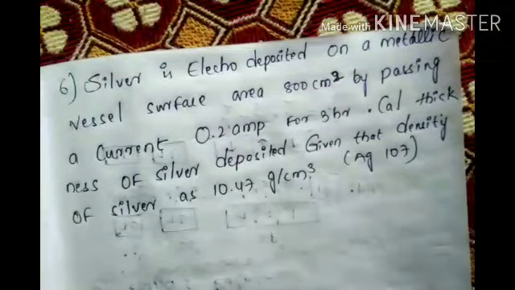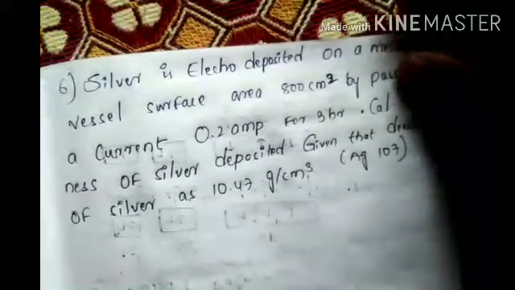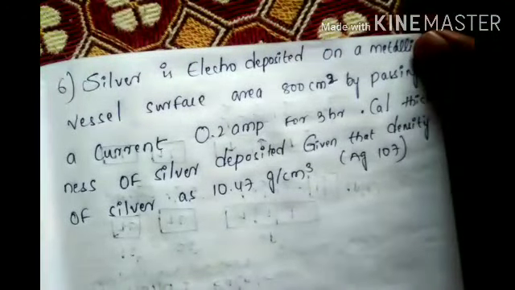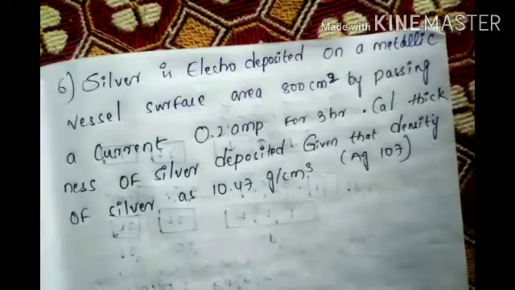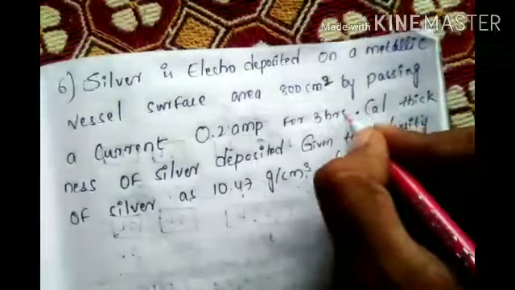Now next problem. Silver is electrodeposited on a metallic vessel of surface area 800 square centimeters by passing a current of 0.2 ampere for 3 hours.